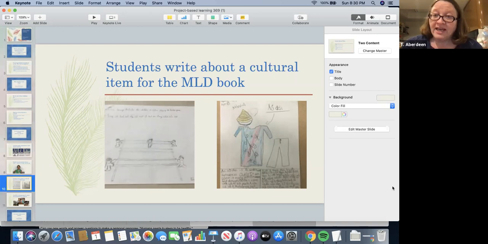So for this work, each student chooses a traditional element.